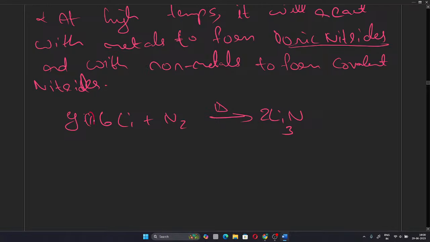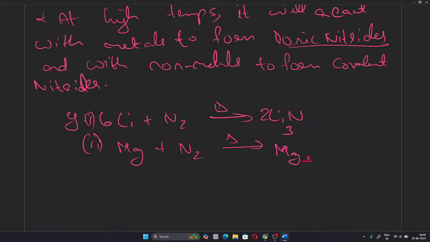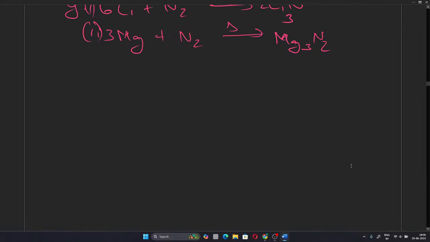The second reaction is Mg plus N2, heating, we will get Mg3N2, that is 3 Mg plus N2 gives Mg3N2. These are the reactions.